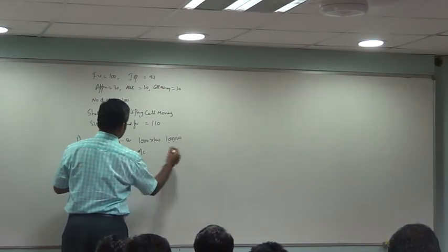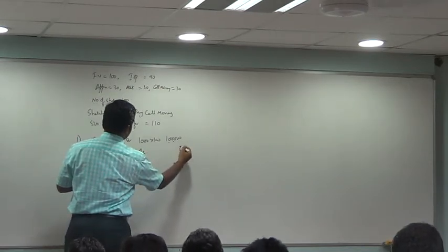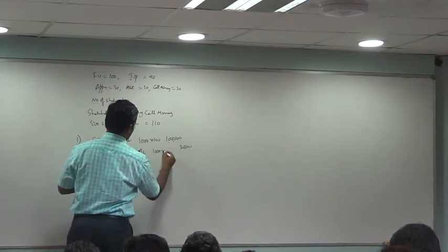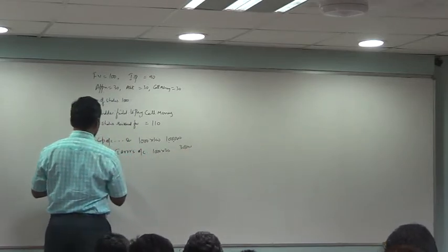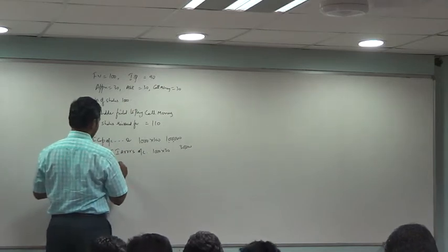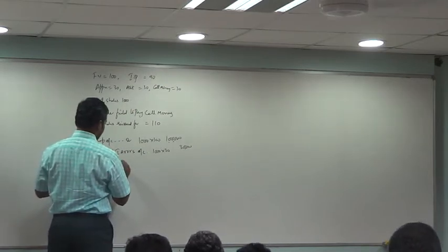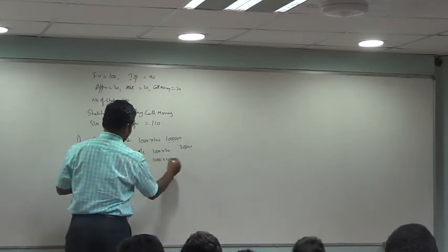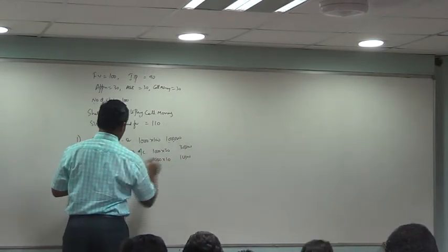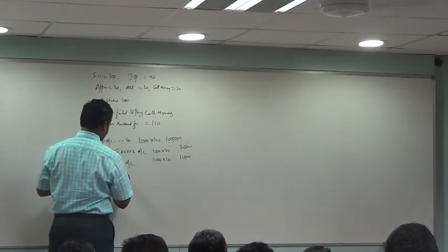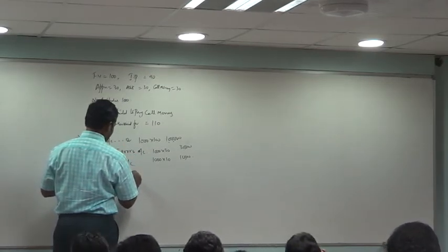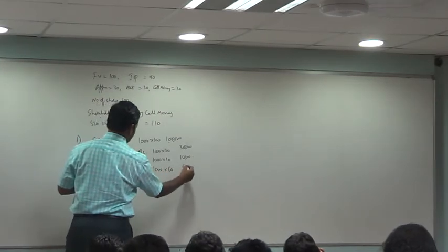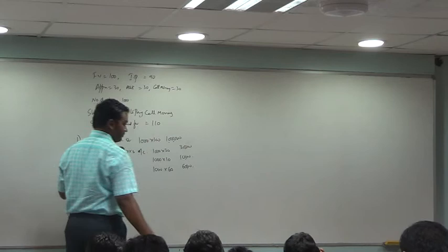How much amount is in arrears? 30 rupees, 30,000. To discount, will cancel, 1000 into 10, 10,000. To share forfeiture account, cash collected towards face value 60,000.